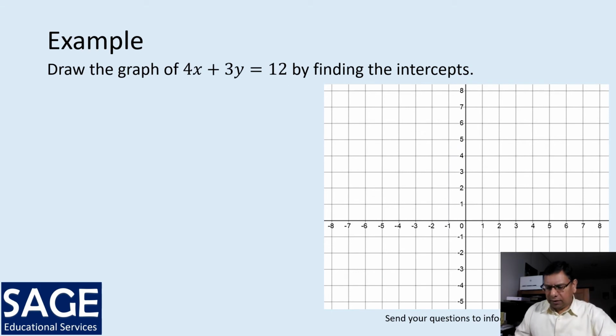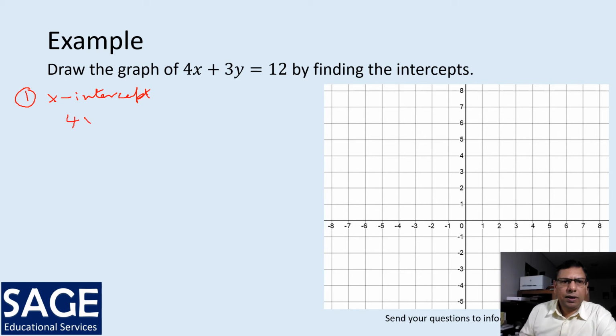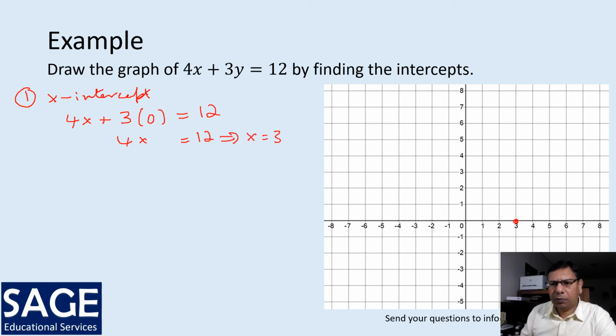So here's another example. Let's first find the x-intercept, and in order to find the x-intercept, I'm going to set y is equal to 0. So 4x plus 3 times 0 is equal to 12, or 4x is equal to 12, and that will give me x is equal to 3. So the x-intercept is the point 3, 0.